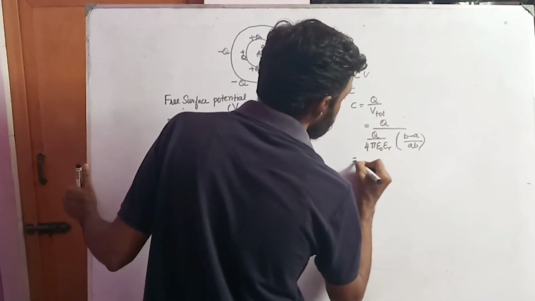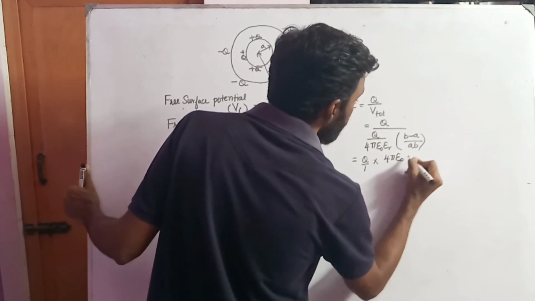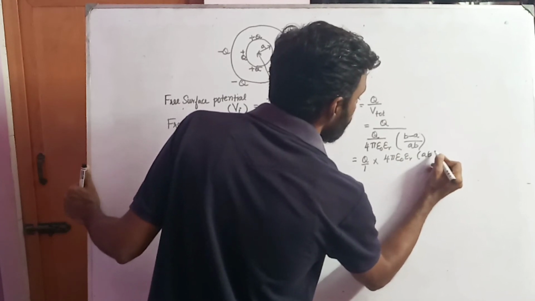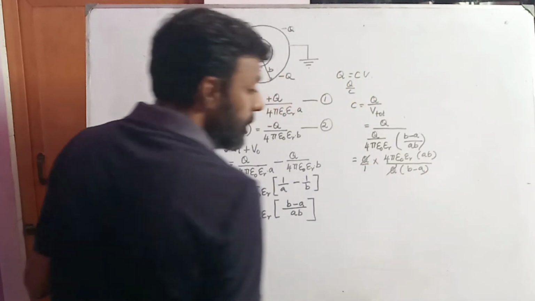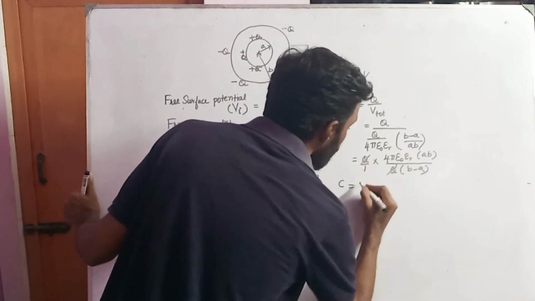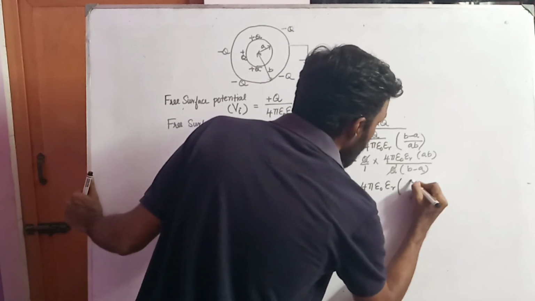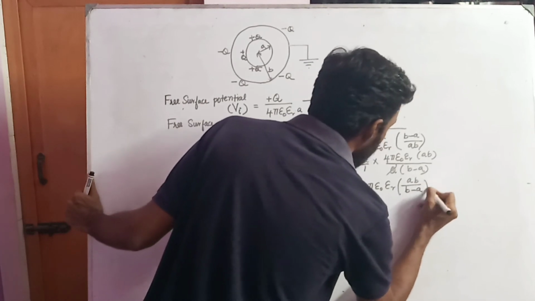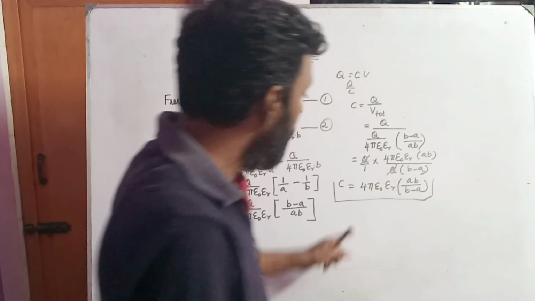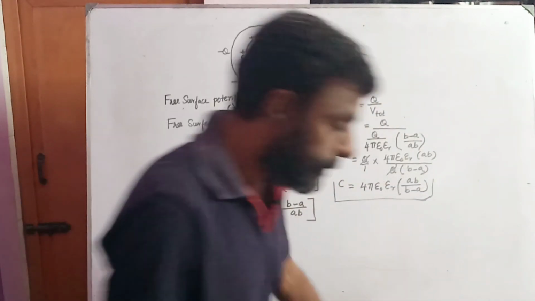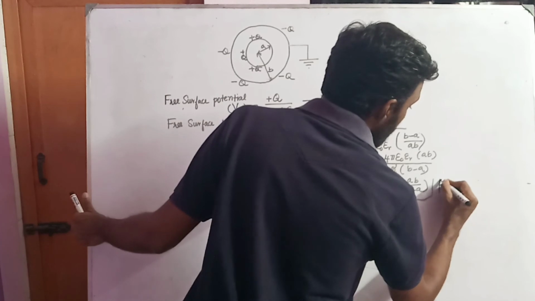So Q gets cancelled, and the capacitance is C equal to 4 pi epsilon naught epsilon r times AB divided by (B minus A). This will be the capacitance value, and its unit is expressed in farads.